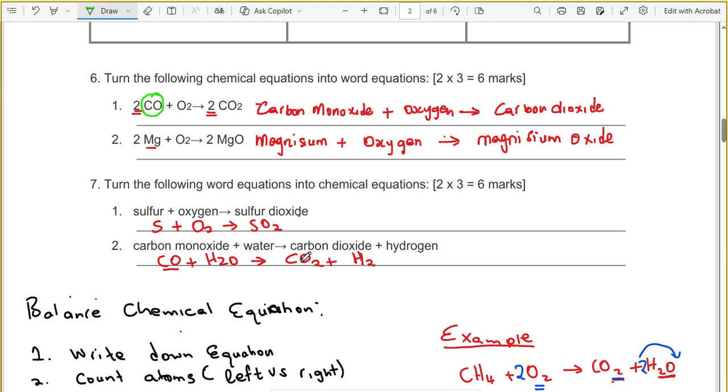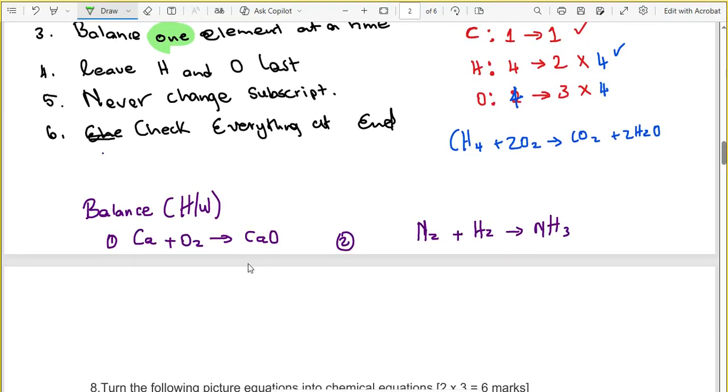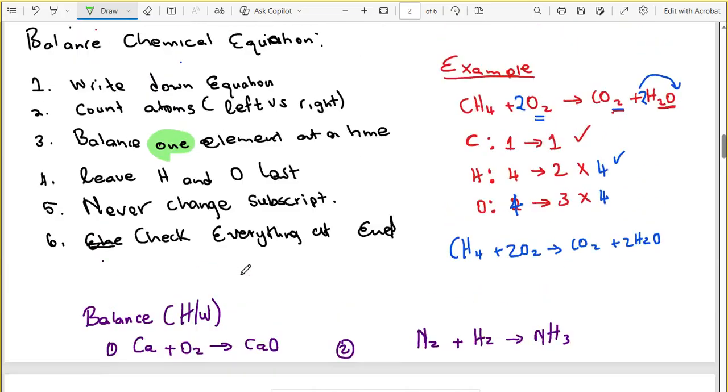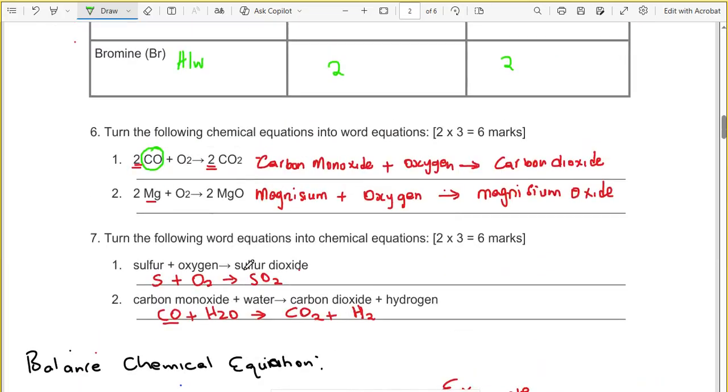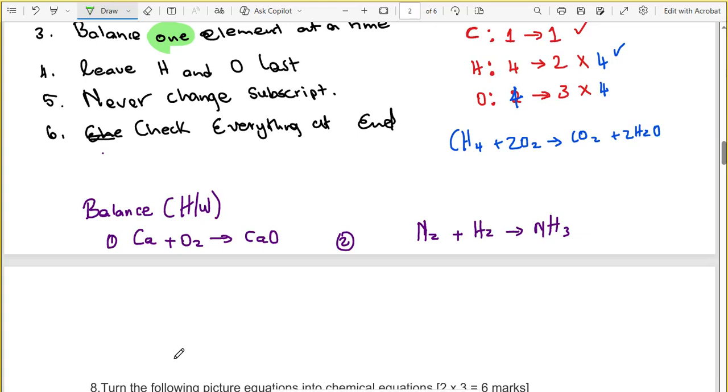When we go down on our previous lesson, we also had a homework where you need to balance the equation. Now let me quickly check. On this one, you were supposed to balance the equation Ca plus O2 gives CaO, then the other one is nitrogen that reacts with hydrogen to form ammonia.